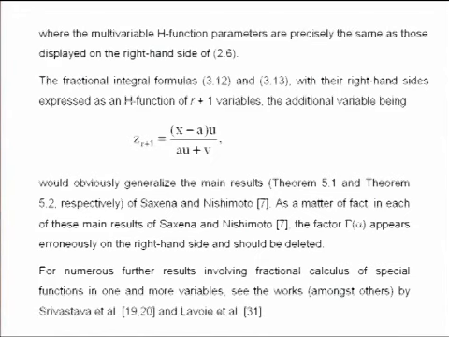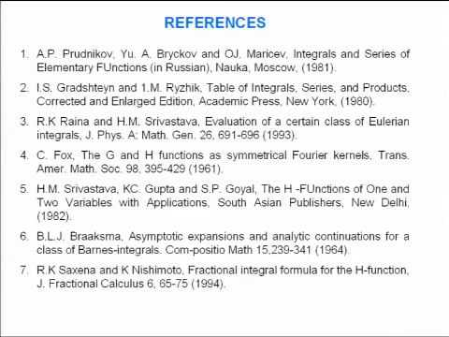As a matter of fact, in each of our main results of 1982, the factor gamma alpha appears on the left side. Then further, the fractional calculus involving the Bessel function of more and more variables is in the Srivastava work, and these are references.